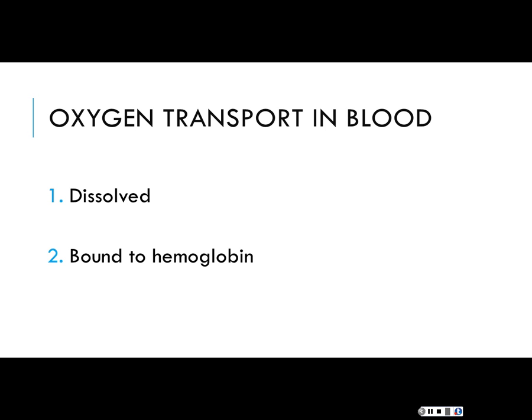We learned in chapter 5 that molecules that are not very water soluble need a what? A transport protein. Our transport protein for oxygen is hemoglobin. So that should hopefully tie back into chapter 5. But it's not completely insoluble, so a little bit can just stay in your blood as oxygen.